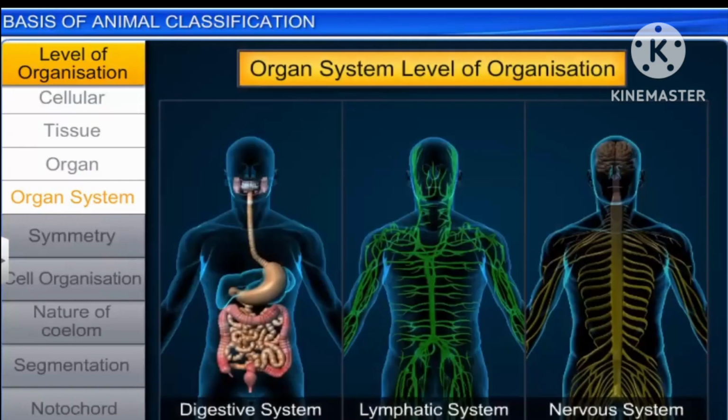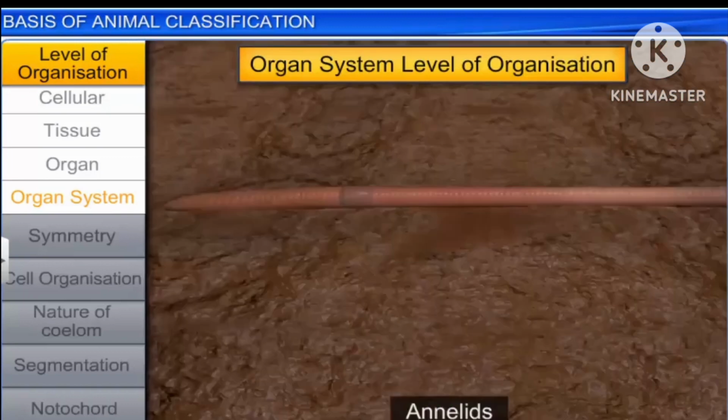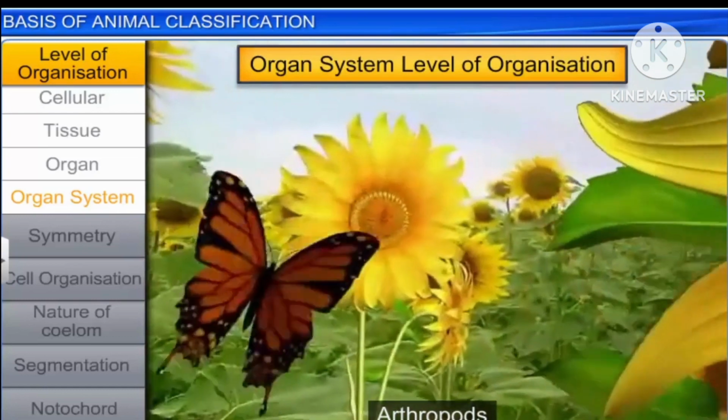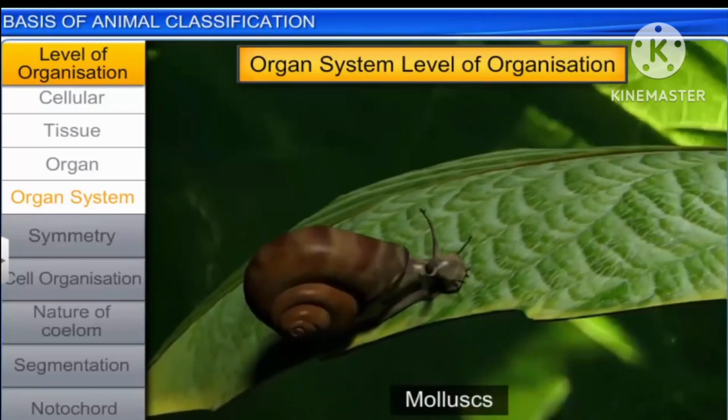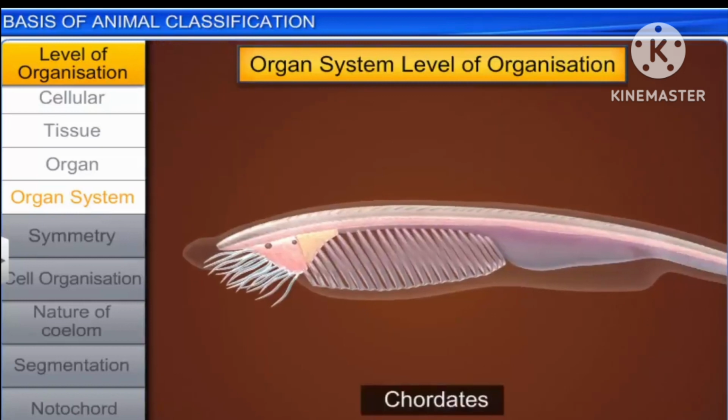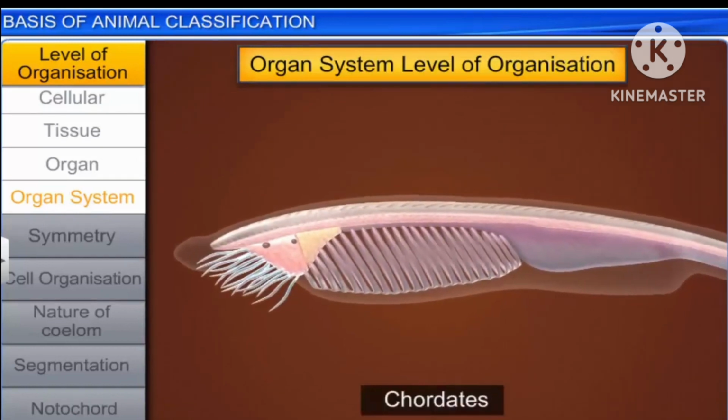Here, the organs are associated with one another to form a functional system, where each system performs a specific physiological function. Animals like annelids, arthropods, mollusks, echinoderms, and chordates exhibit this level of organization.